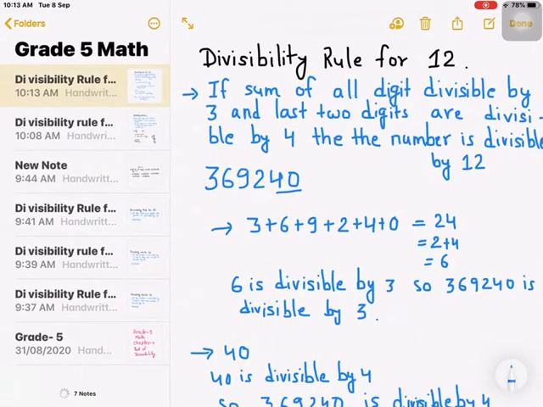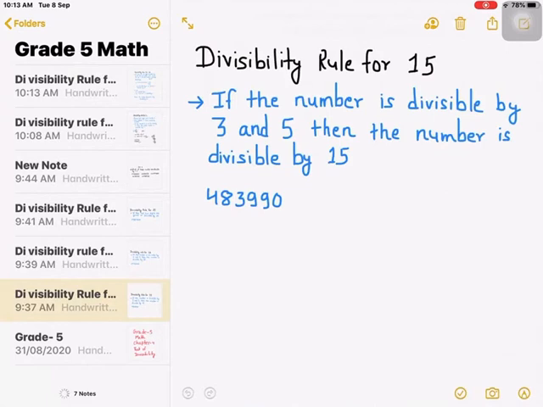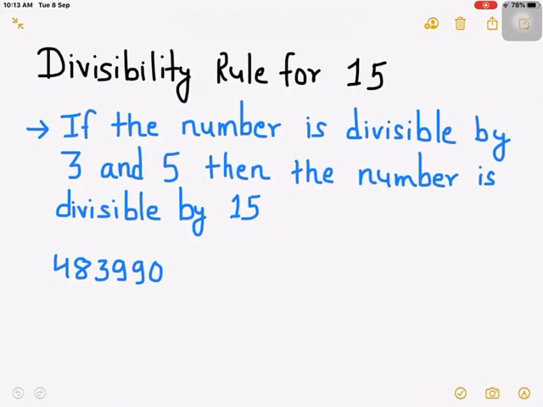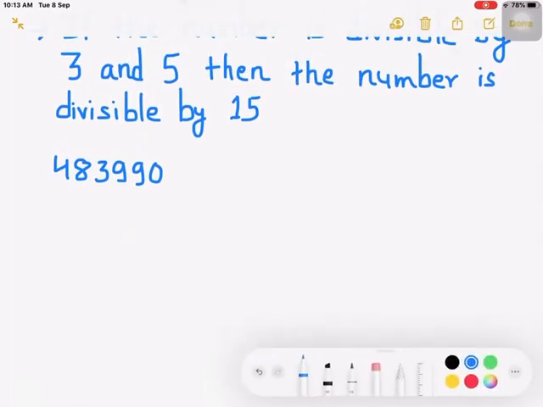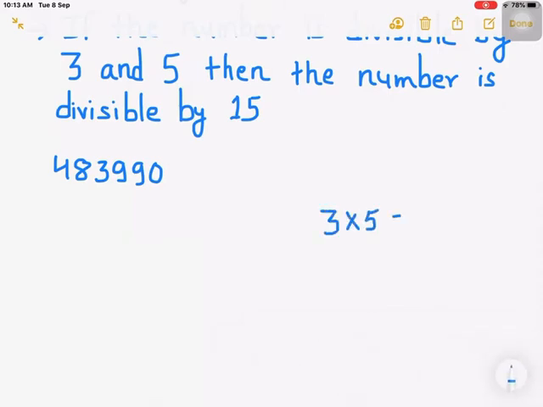Now let us go for another rule, that is the divisibility rule for 15. If the number is divisible by 3 and 5, then the number is divisible by 15. Here I want to say that 3 times 5 is 15, isn't it?